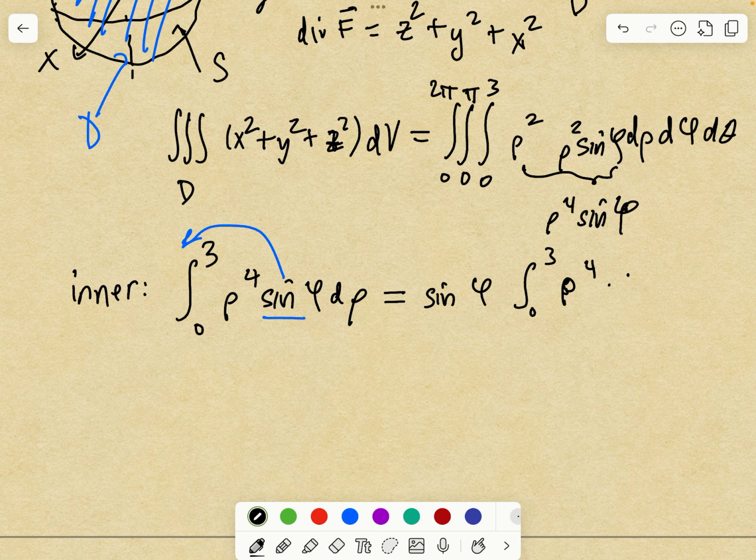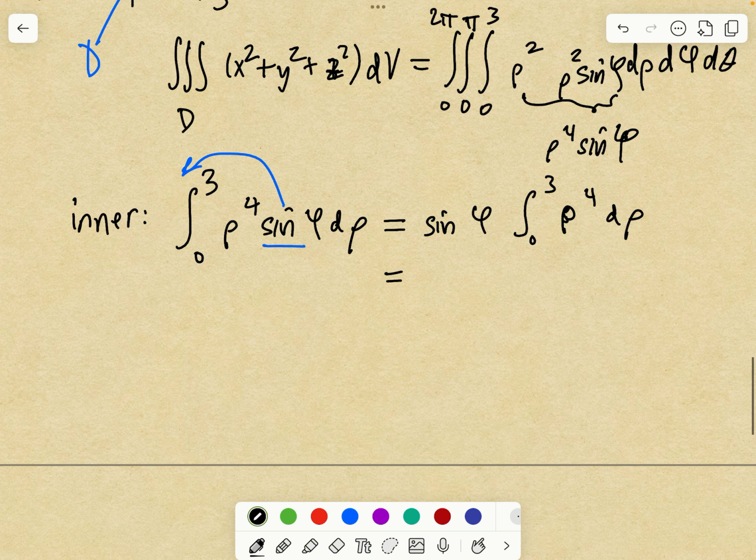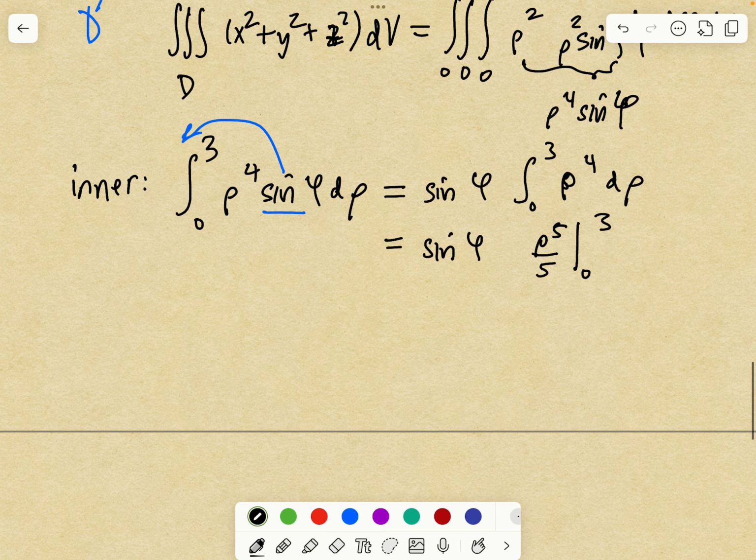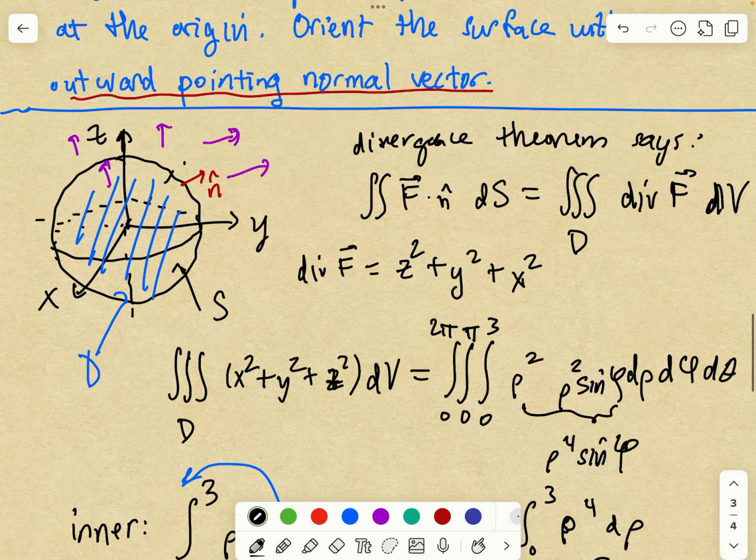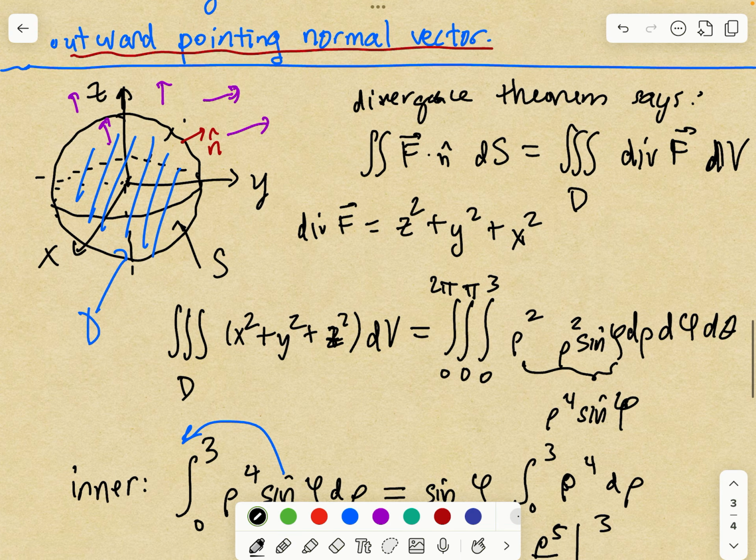You can skip this step if you can do it in your head, but I'm going to write it out to show all the steps. The integral of rho to the fourth is rho to the fifth over 5, from 0 to 3. Sorry, this should be from 0 to 2 because the radius is 2.